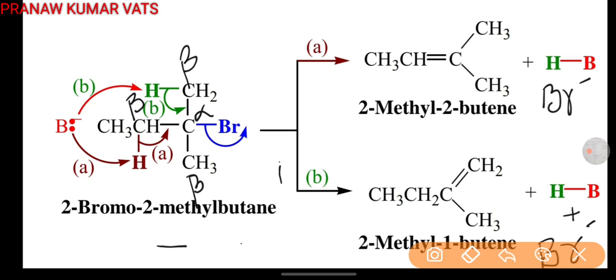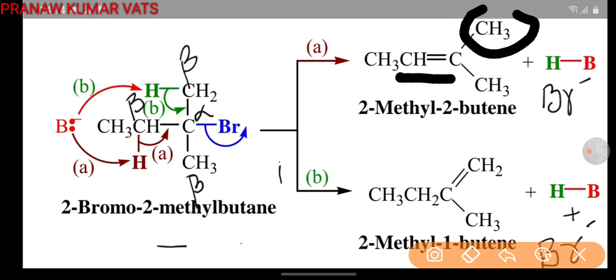Now see the C double bond C. This is our C double bond C, or alkene. Now we have to count the total number of alkyl groups attached to this C double bond C system. So how many alkyl groups are there?